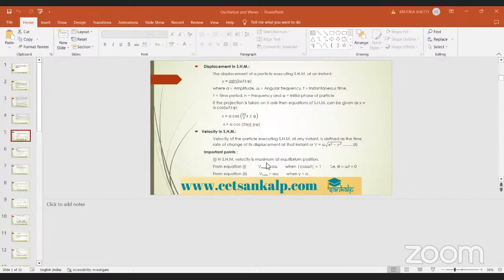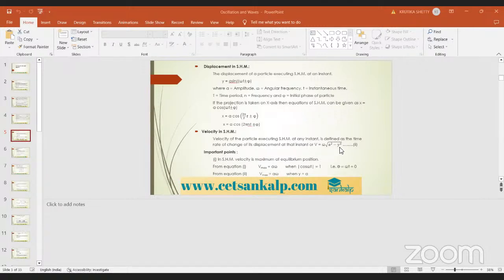Then next, we have when this velocity is maximum or when this velocity is minimum. So some conditions they have given here. In simple harmonic motion, velocity is maximum at the equilibrium position. So from equation 1, velocity is equal to a omega.